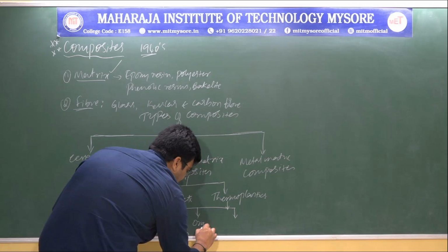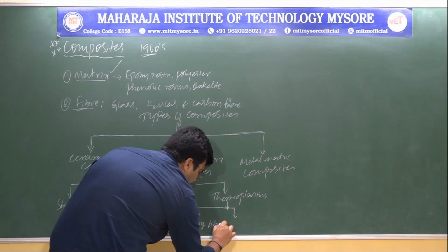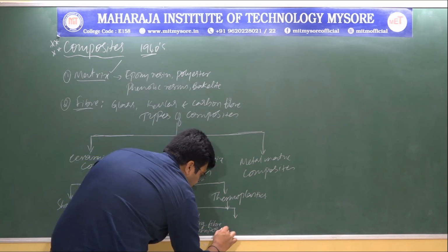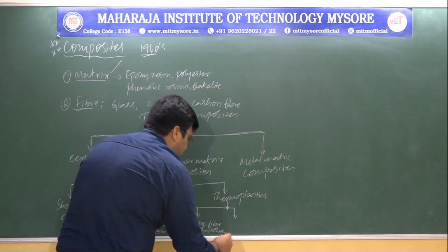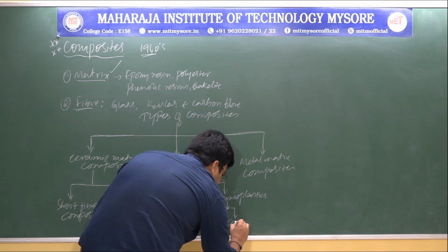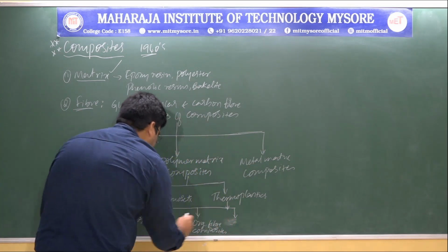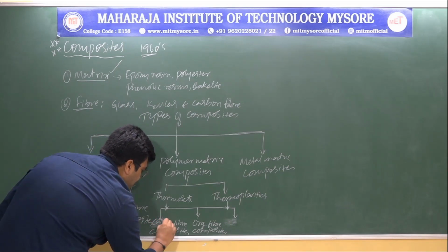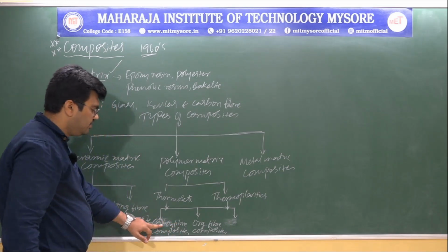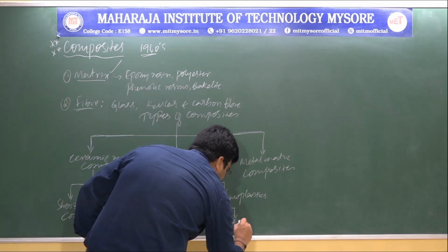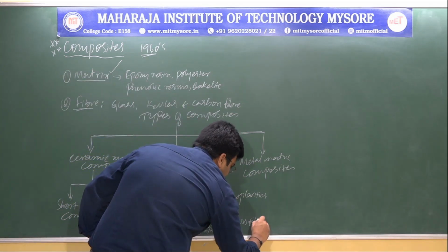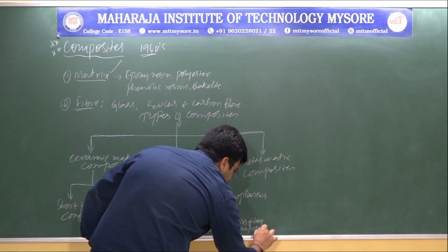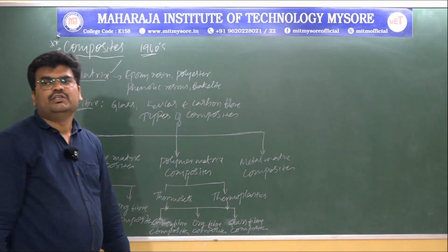Here it is organic fiber composites, and the third one is carbon fiber composites. We can write this carbon fiber on this side. Remember, glass fiber composites, right?